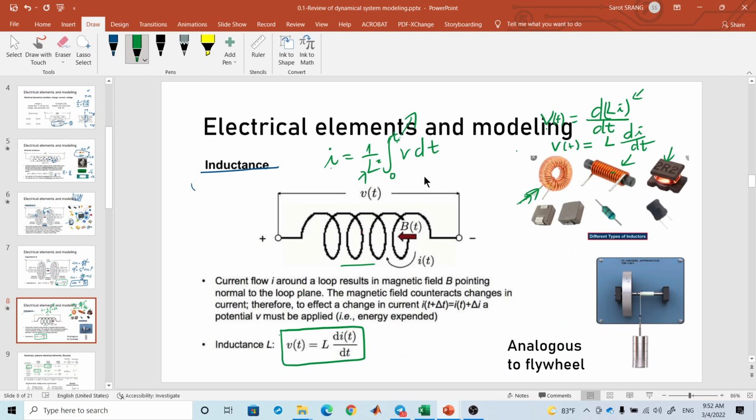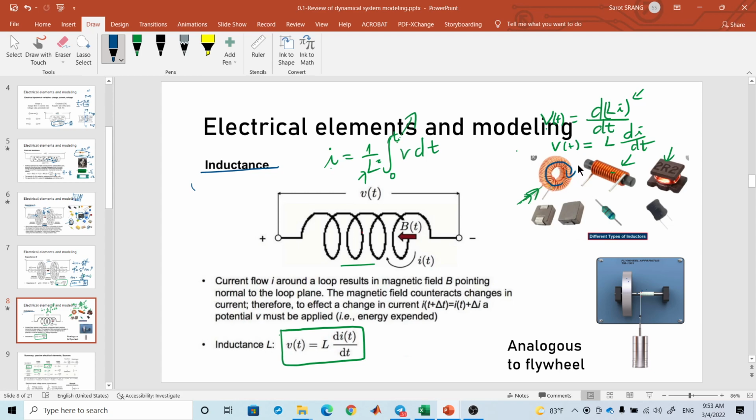For the inductor, it can store energy in the form of rotating magnetic flux. When current flows through this conductor, the magnetic flux is created and spins inside here.